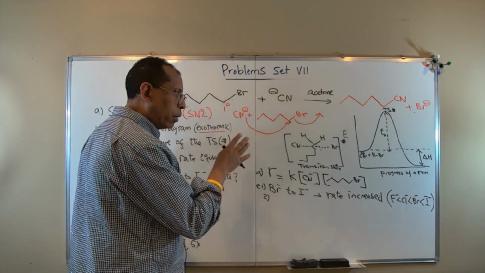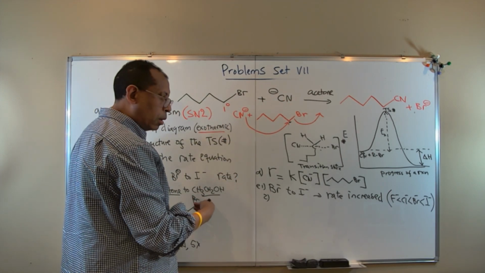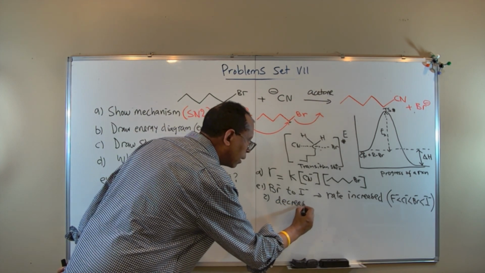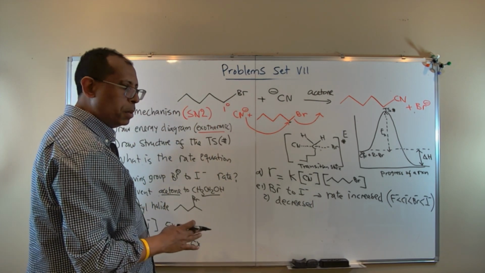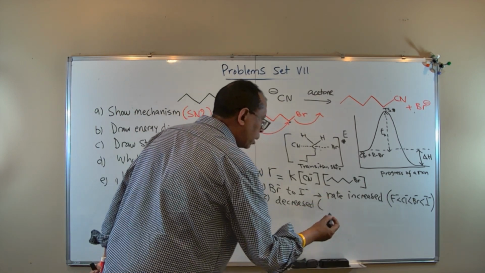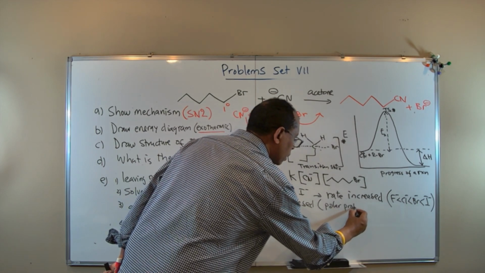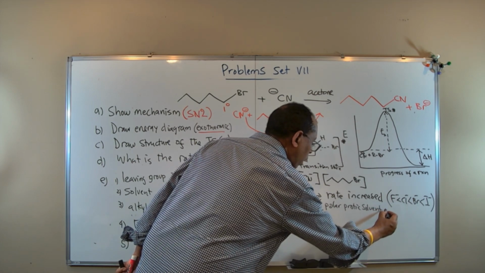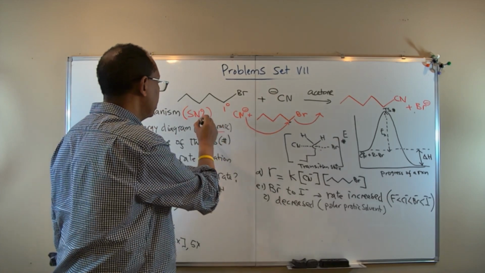This is an SN2 reaction, so if you change to ethanol, the rate would be decreased. It doesn't like polar protic solvent. Polar protic solvent is only good for SN1, so in this case the rate would be decreased because our reaction is SN2.